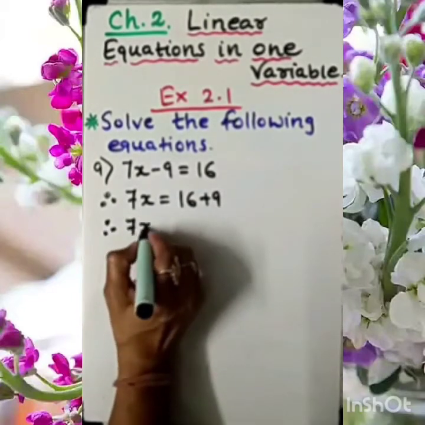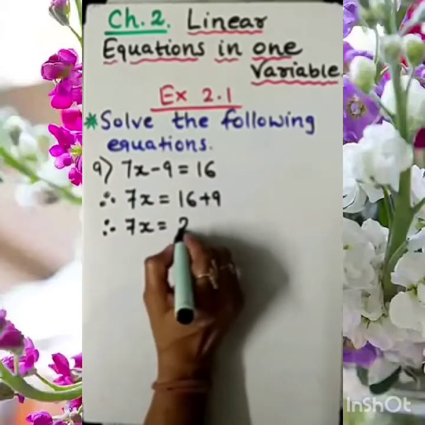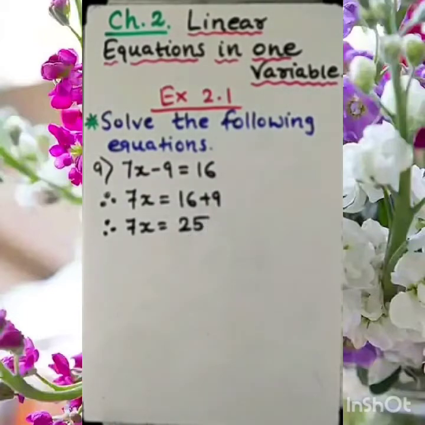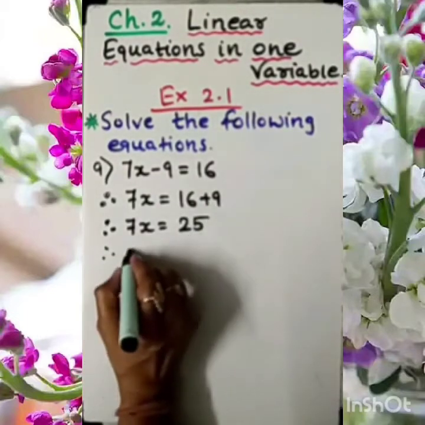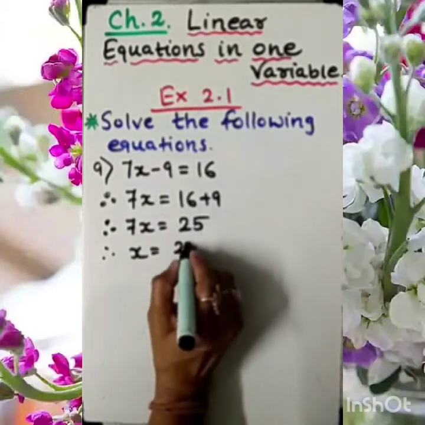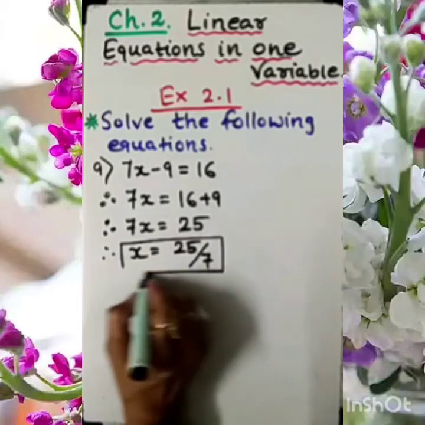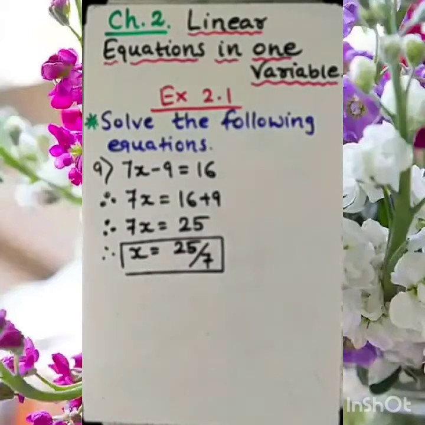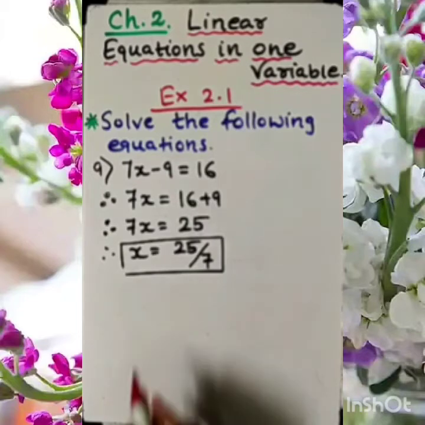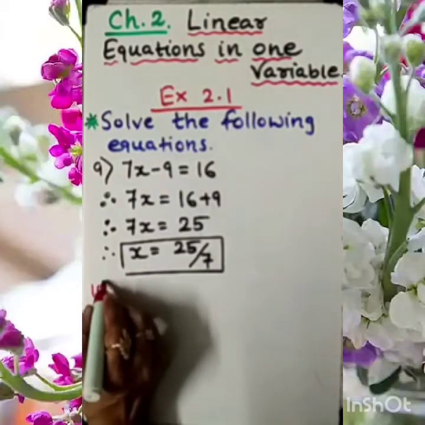Therefore, we know that 16 plus 9 is 25. Correct? Therefore, x equal to 25 divided by 7. So, my dear student, here x equal to 25 by 7. This is the required result. That is the value of the unknown variable.